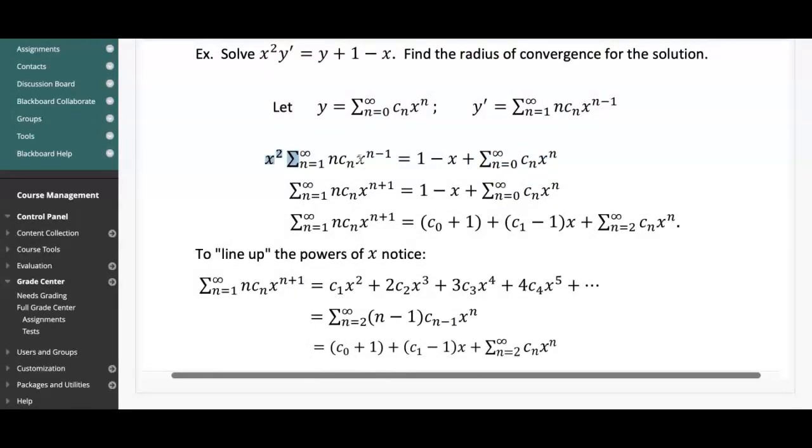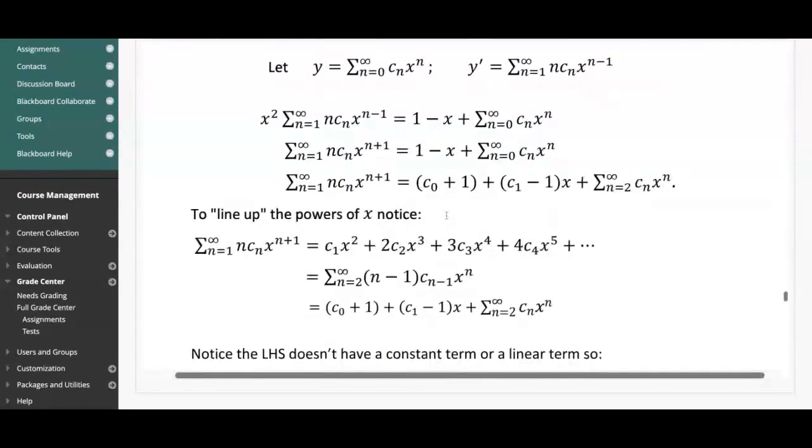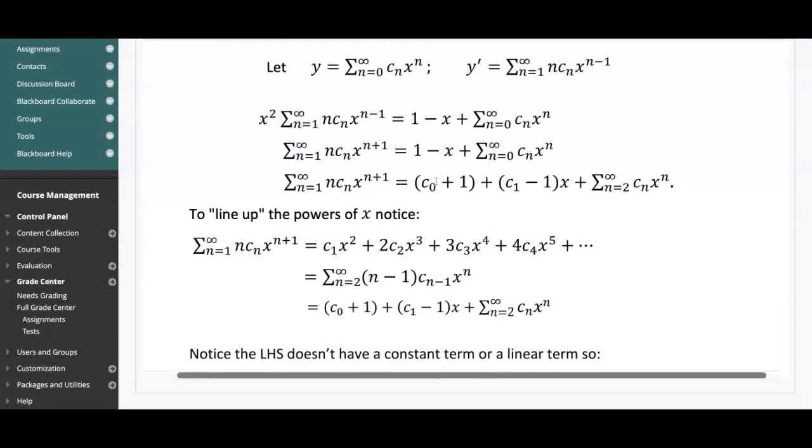Then this x squared we can combine with this x raised to n minus 1. So that becomes x raised to n plus 1. Then this one we have 1 minus x. So what do we do? This starts from n equals 0, right? Let's see if we reindex this. Let's calculate n equals 0.